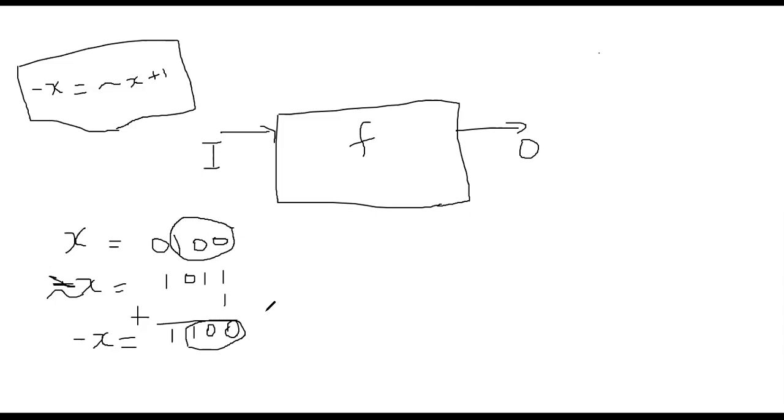Minus x keeps this exact content as it is, and then the rest is complemented, right? 0 becomes 1. So now if I take the learned formula, the second formula, it said f of x is nothing but my x, bitwise OR with minus x.